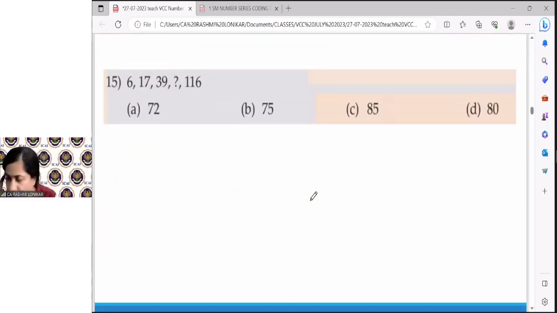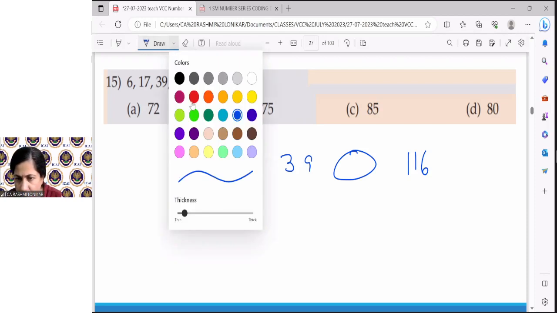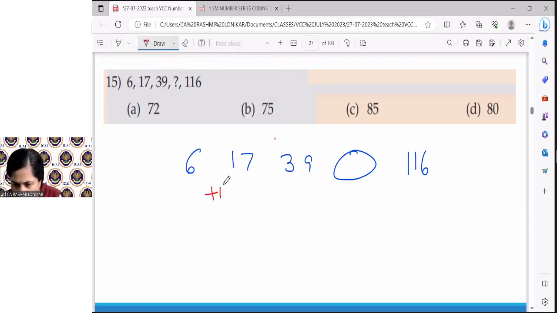Okay, 15th sum. 6, 17, 39, question mark, 116. What is the difference? 6 plus 11 gives me 17. 17 plus 22 gives me 39. 39 plus 33 will give me something, and then 44 should give me 116.